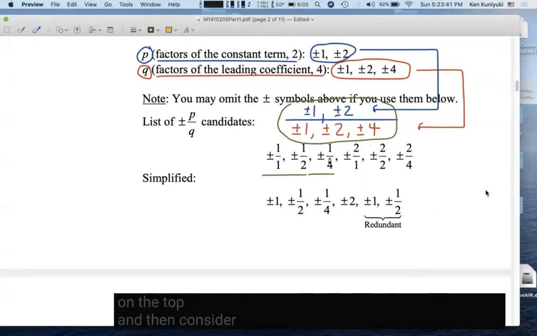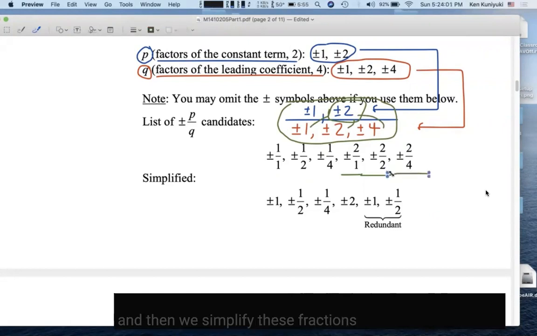And then consider the possibilities with plus or minus 2 on top. We have plus or minus 2 over plus or minus 1, plus or minus 2 over plus or minus 2, and plus or minus 2 over plus or minus 4.